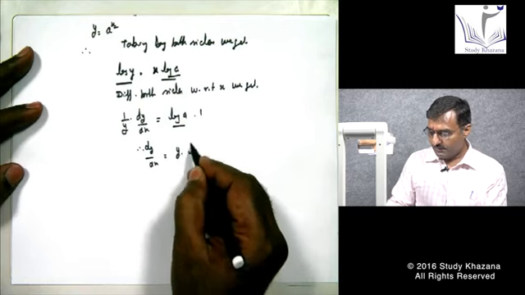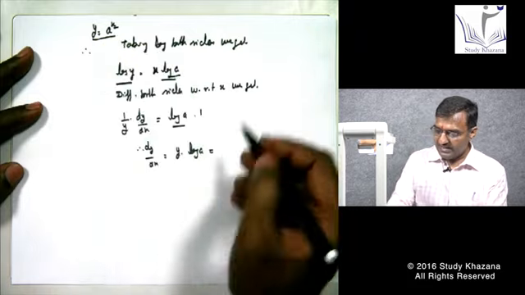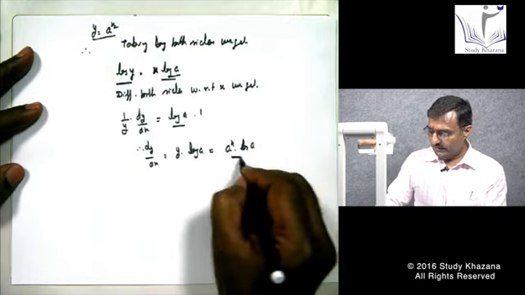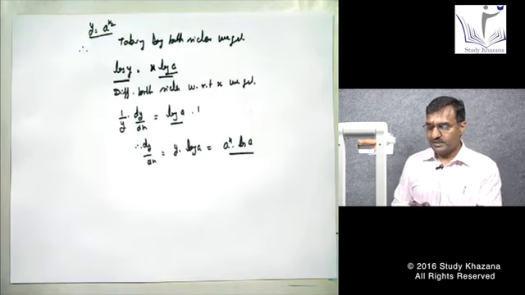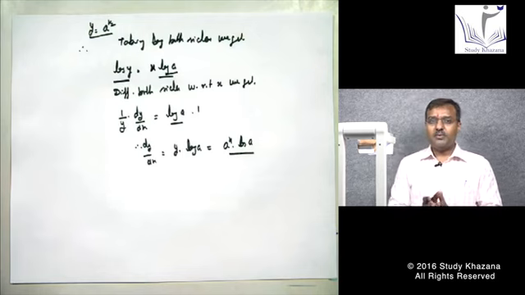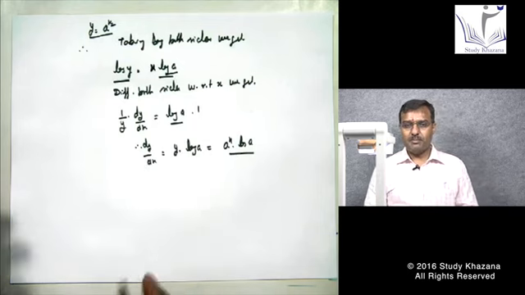Now here log a is a constant, so we will keep it outside, and the derivative of x is 1. So dy by dx becomes y into log a. What is y? y is a to the power x, so I can write a to the power x into log a. This is the answer. So in this way, if there are more functions in addition, we take the differentiation of individual functions by taking logs, and then we can just add all these. So this is the simple way.